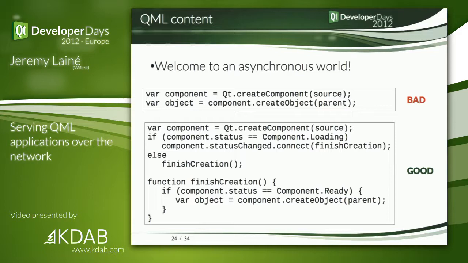As far as the actual QML content is concerned, there are some idioms which work for local files and which are not going to work for remote files. How many of you have used the Qt.createComponent method here?